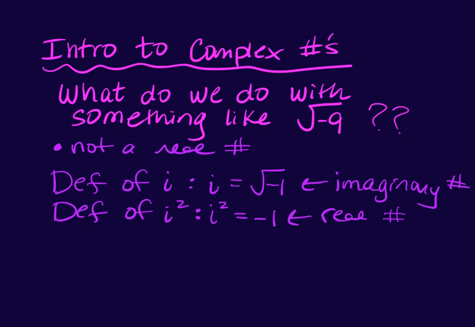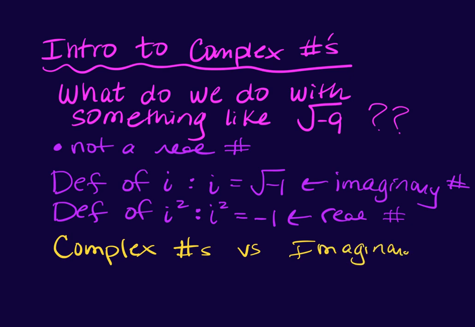All right, the last thing I want to do before we get to some examples here on the next slide is let's look at the difference between complex numbers and what we call purely imaginary numbers. All right, so when I talk about a complex number, I'm talking about something like this, a number that has a real and an imaginary part.